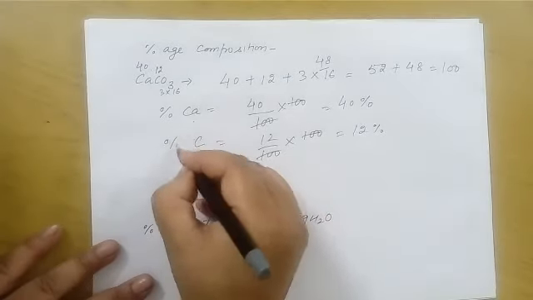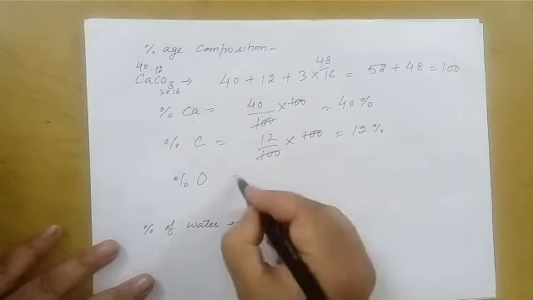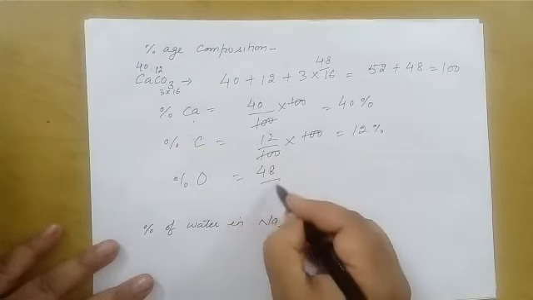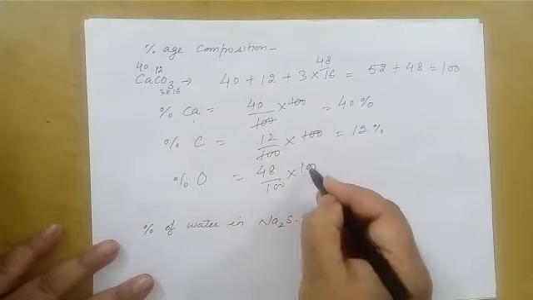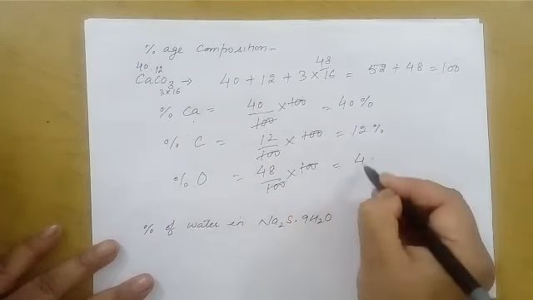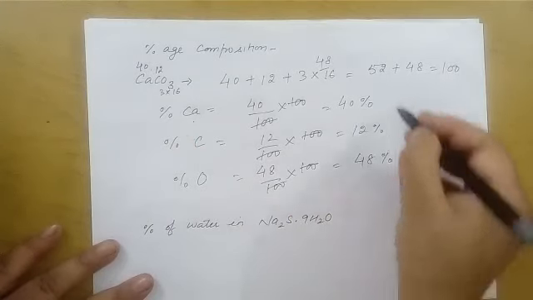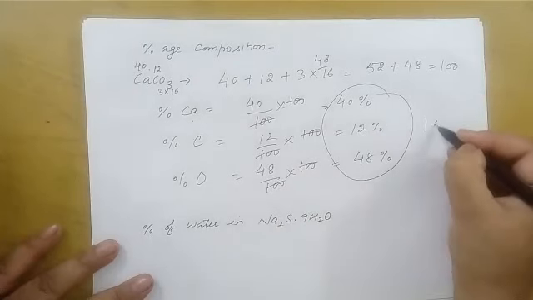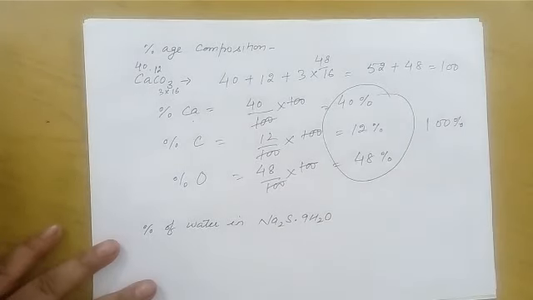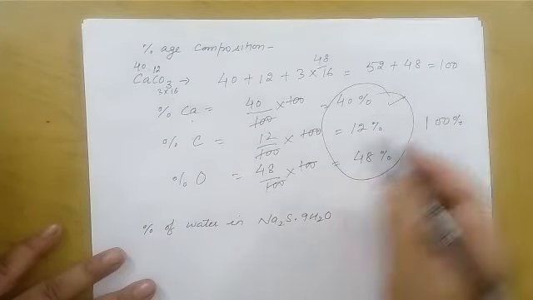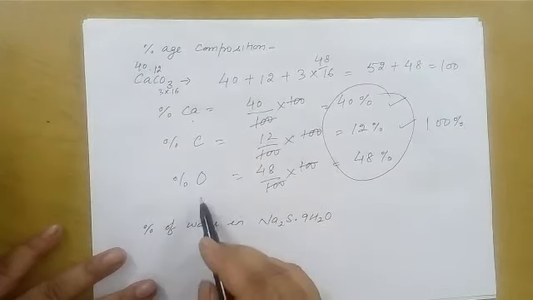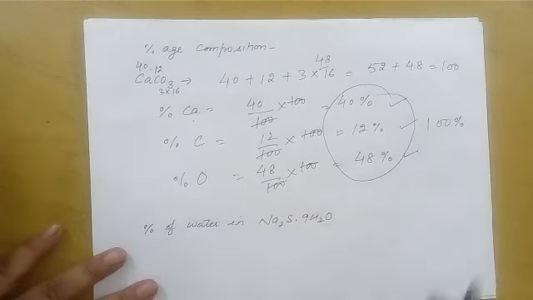Oxygen, percentage of oxygen, you have 48 upon 100 into 100, it is 48%. Calculate, this becomes 100%. So in one molecule of calcium carbonate, you have calcium 40%, carbon 12%, oxygen 48%.